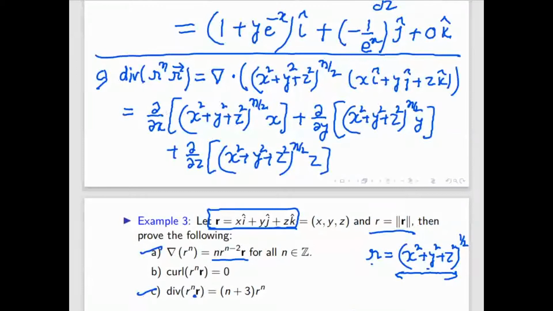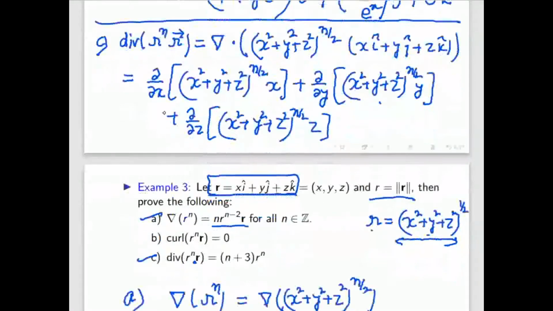This is z. So what will come for the first part? We'll differentiate this with respect to x, this with respect to y, and this with respect to z. After that, we'll convert into the norm of r, to the power n, so we'll get n plus 3 r to the power n. So we have to differentiate all three one by one.